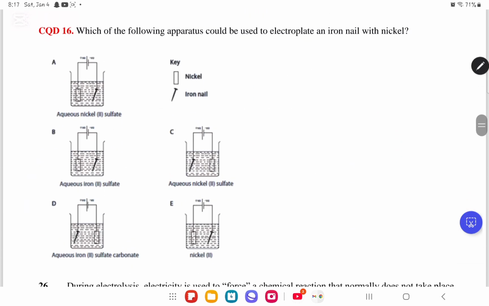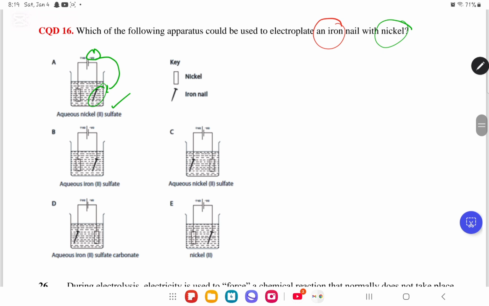Now for number 16, which of the following apparatus could be used to electroplate an iron nail with nickel? What we need to know is that the thing to be plated is placed at the cathode, whereas the object to plate with, which in this case is the nickel, is placed at the anode. So the cathode is placed at the negative side, so negative is the cathode, this is correct.